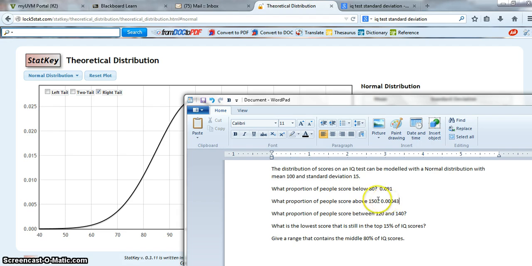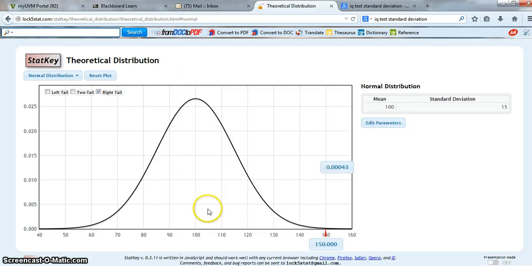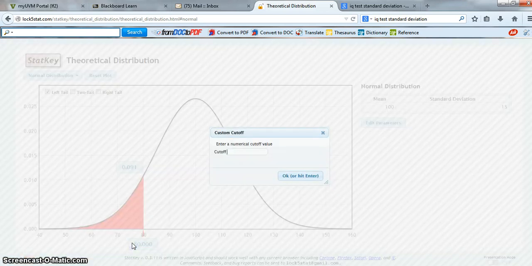Now we want to know what proportion of people score between 120 and 140. Let me click this off. So we're going to be looking for this area in here. What we're going to do is make a left tail go from 120 down, and a right tail go from 140 up. That's going to leave this part in the middle for us to correspond to the proportion of people that are between 120 and 140. So we go left tail, and we start at 120.